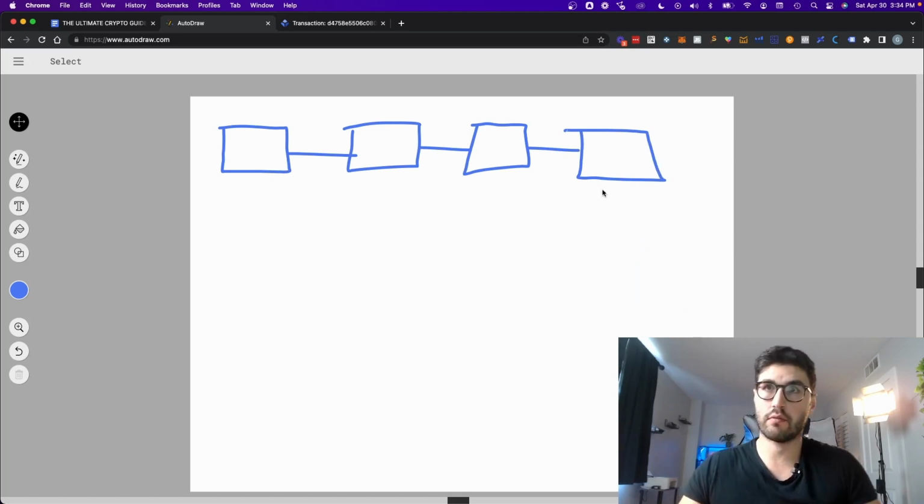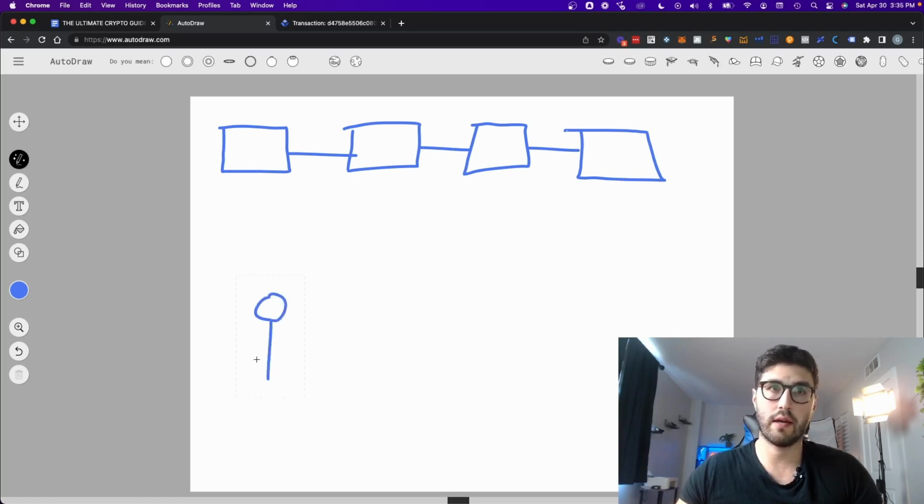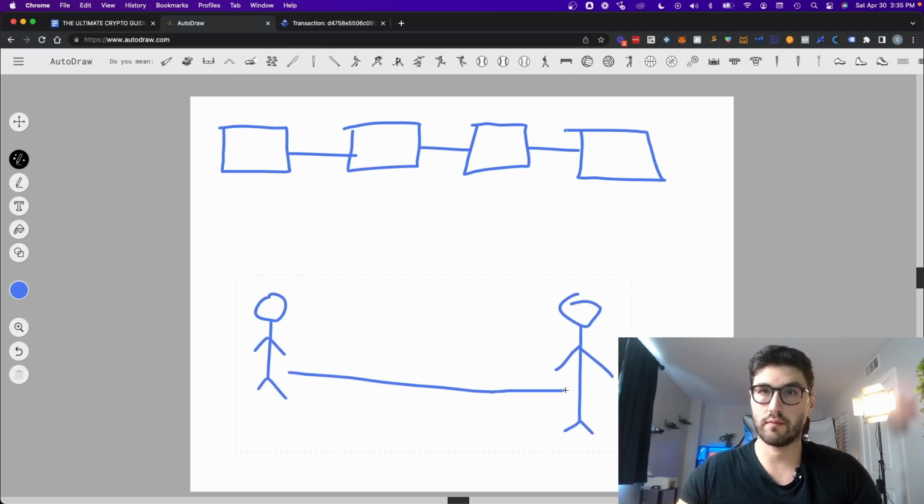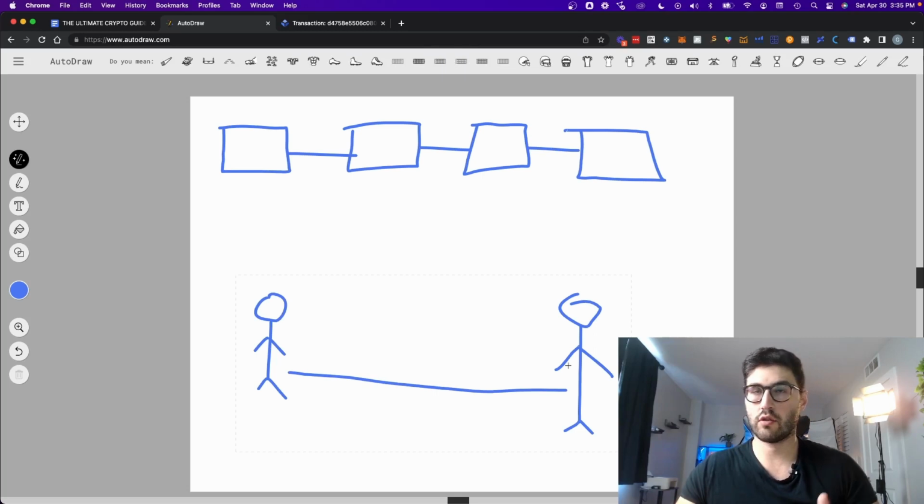Let's say that after our transaction, there's another transaction that takes place, okay? In this case, it's another guy right here that wants to send money to his friend, and he lives in America and his friend lives in Brazil, okay? And that transaction happens 2 seconds after the one that we just did.